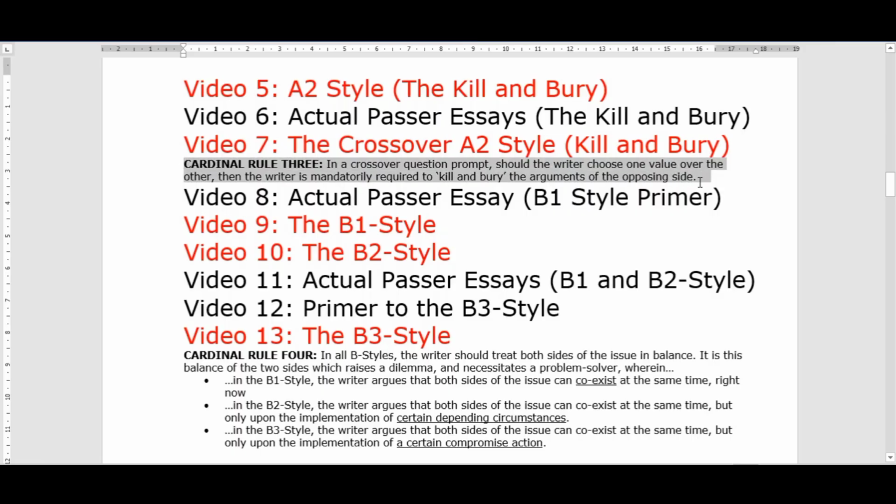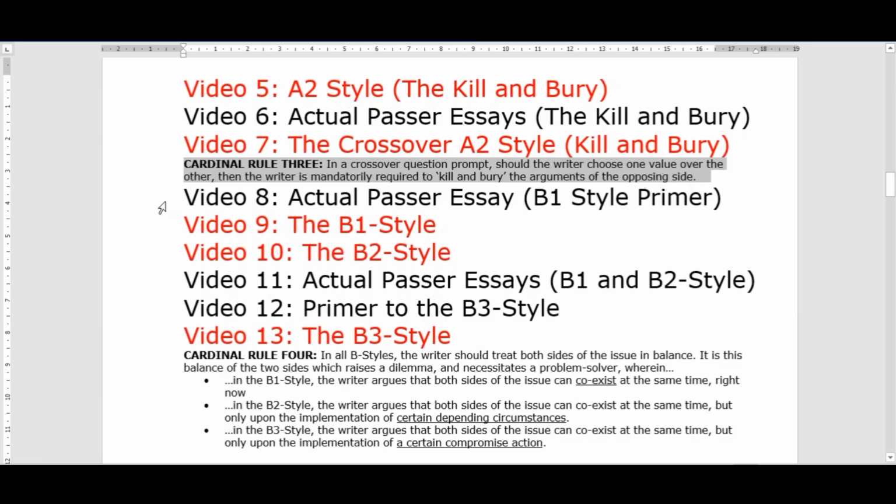If you notice, the kill is really a very resourceful strategy where you can use it for one-sided question prompts or crossover question prompts. So that is the A2 style.